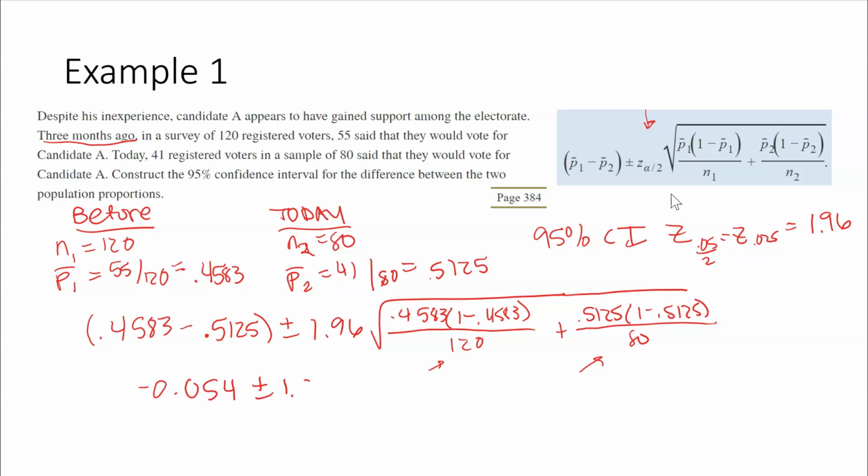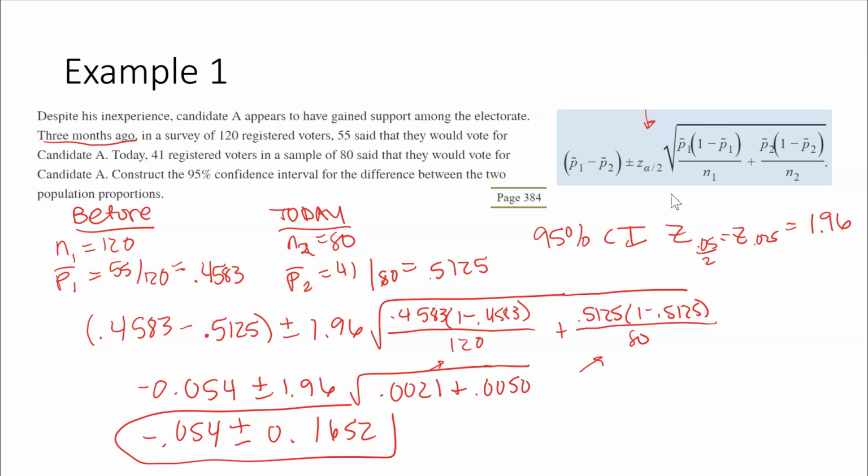When you type that into your calculator, you should get something like 0.0021 plus 0.0050. And then when you do all that, you should get negative 0.2192 and 0.0598. So this is the confidence interval. You can also write it as two values in between.